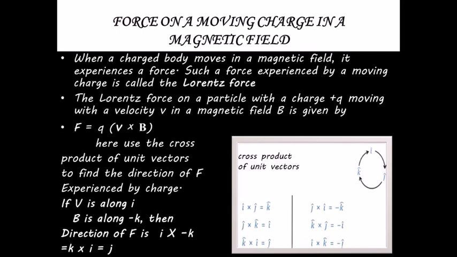The question arises how to find the direction of the force. There are so many methods available. One is the cross product rule: you rotate from the first vector to the second vector and use the right hand thumb rule. When you perform a rotation from V to B, the thumb gives the direction of the third vector, which is the force.